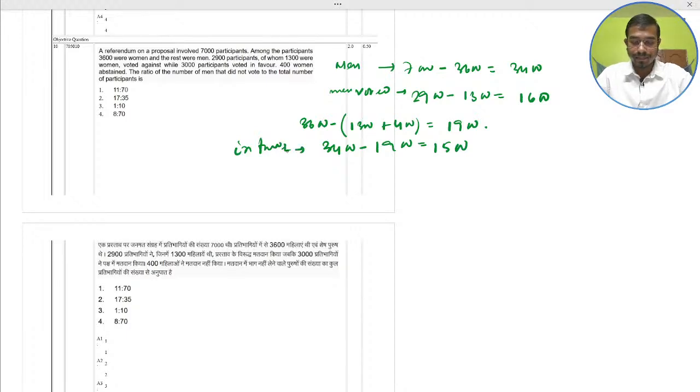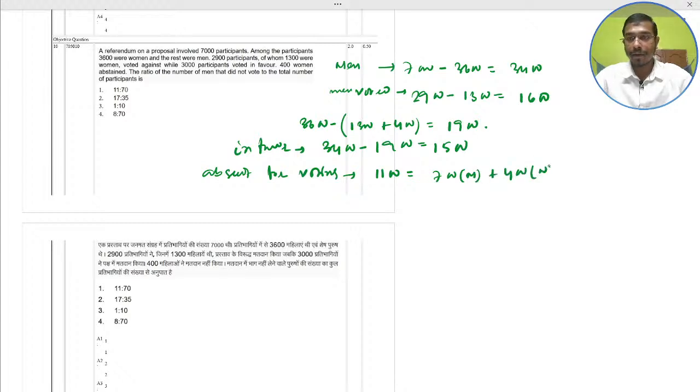So next, the total people who were absent from voting means 1,100, that is, the 700 men and the 400 women.